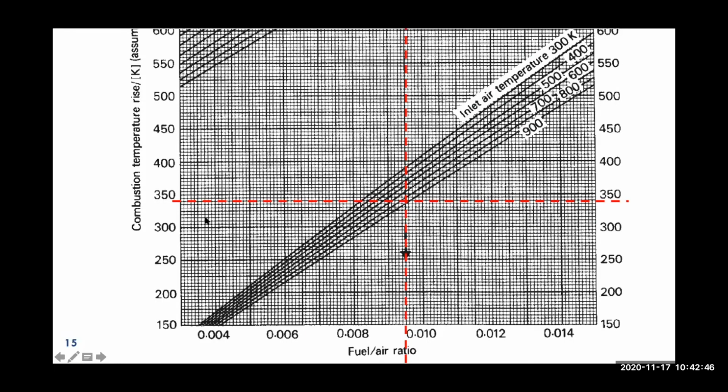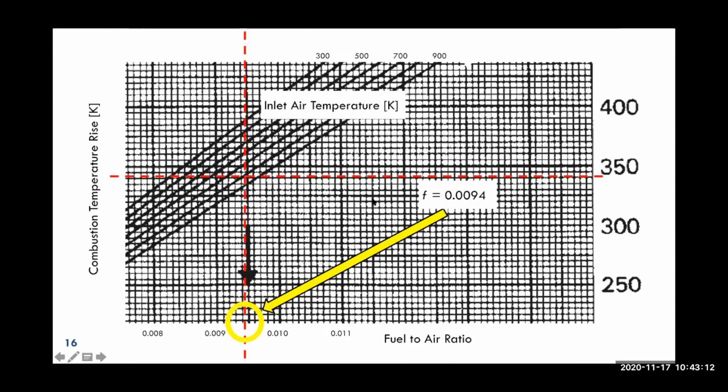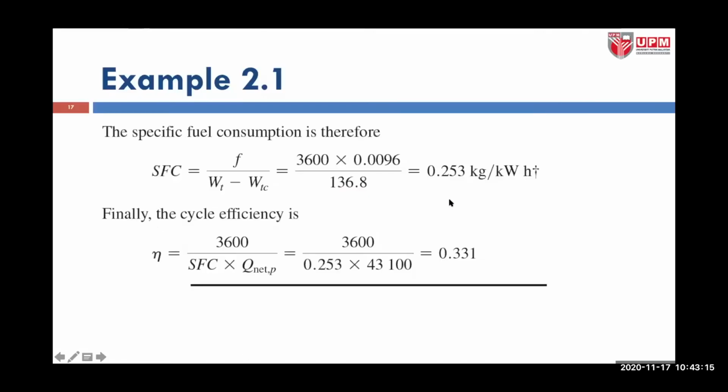Let us zoom in to the corresponding values, 341 Kelvin for the combustion temperature rise and the equivalent values for the inlet air temperature. So you will get a value of the fuel to air ratio.